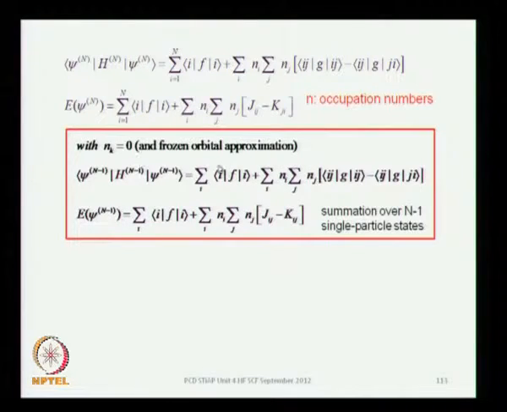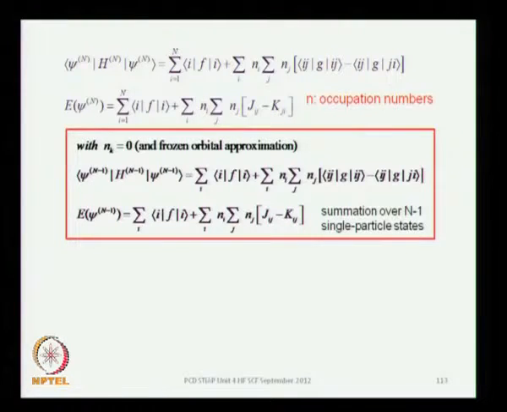So, you have the energy of the n electron system, and you can write the corresponding expression for the n minus 1 system, which is a completely identical expression, except for the fact that all terms for which i is equal to k, that Nk would be 0, and those are the terms which will be removed.